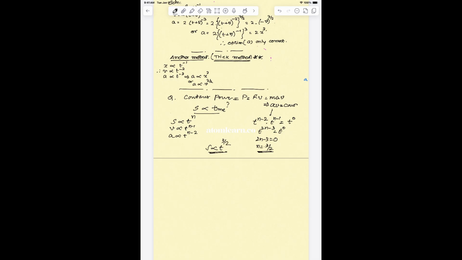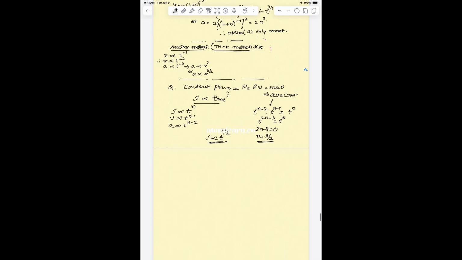So then see this. As I said, only if you get n equal to either 0 or 1, then you may abandon this particular method and go for the proper calculus, integration or differentiation, whichever is coming.